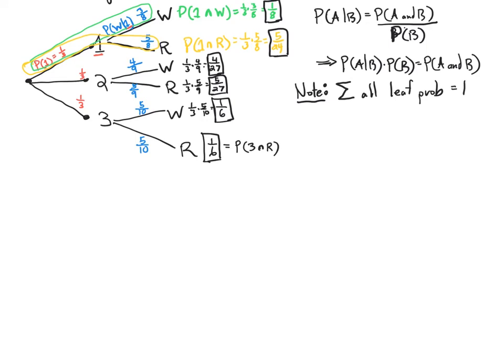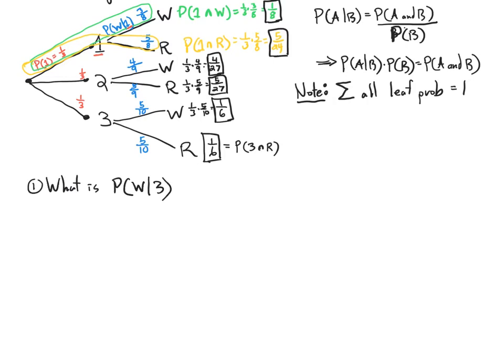So let's do the first one. Some of these you can just read off, and others you're going to have to be a little more careful, but that's okay. So the first one is, what is the probability that you, let's say, pick a white, given that you roll a 3.